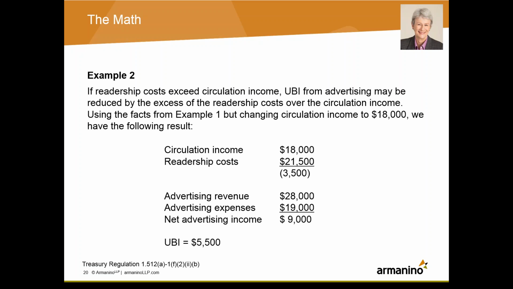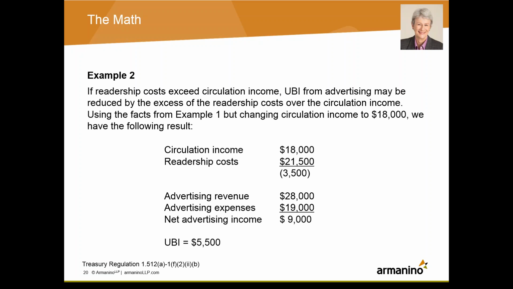And here's where it gets interesting. You can see that although our net advertising income is still that $9,000, we can reduce what we pay tax on by the loss in our circulation activity.